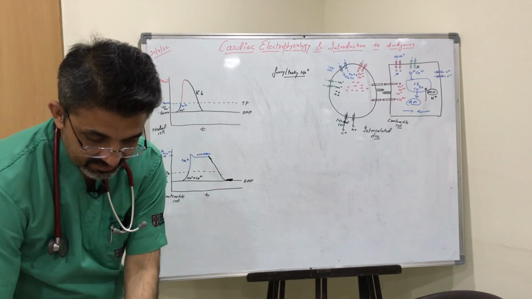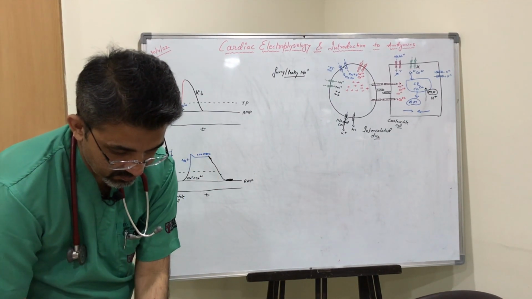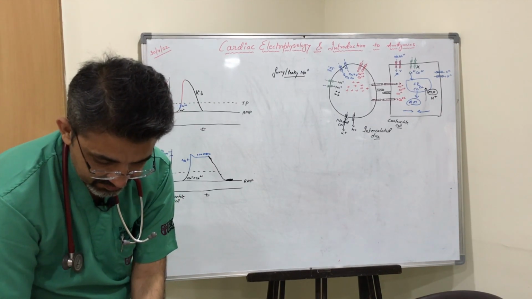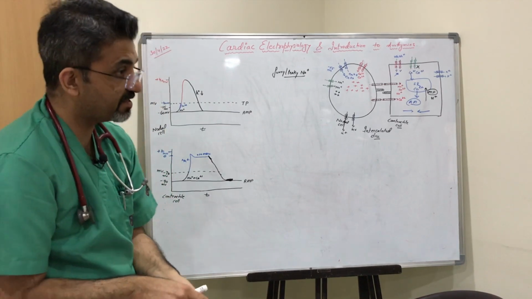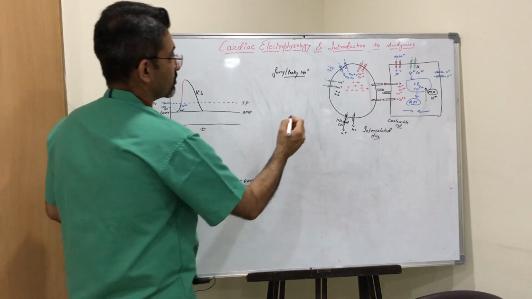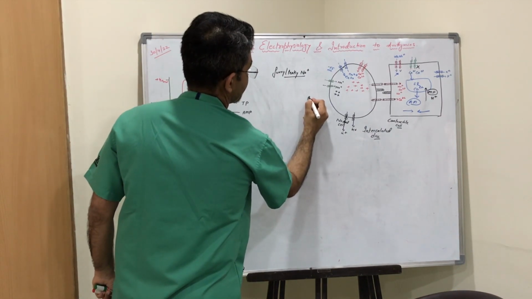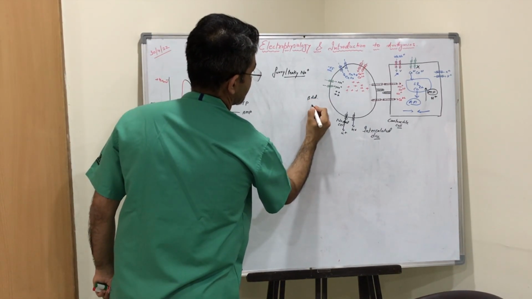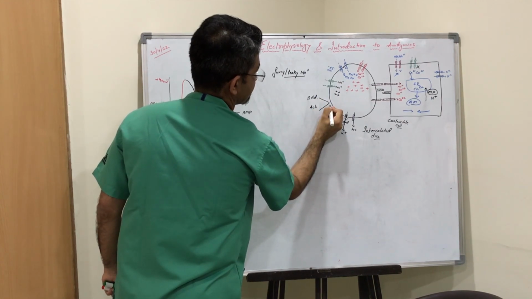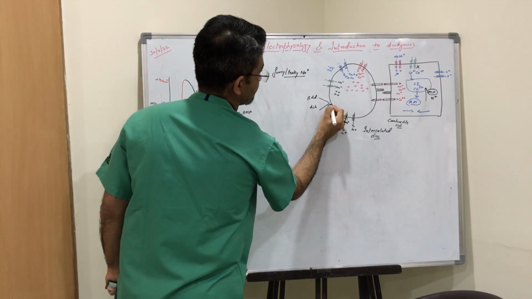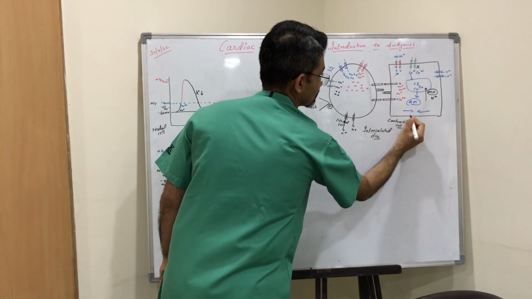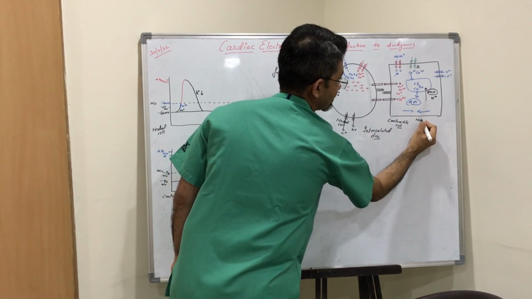The second point is that you have receptors, beta adrenergic receptors and acetylcholine receptors. You know, beta adrenergic receptors and acetylcholine receptors innervate nodal cells, but the contractile cell is not innervated by acetylcholine receptors.